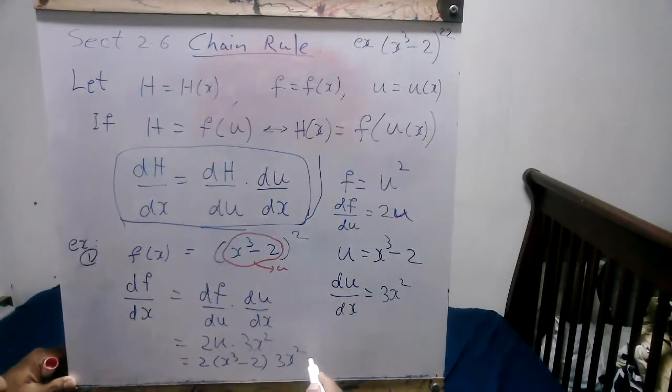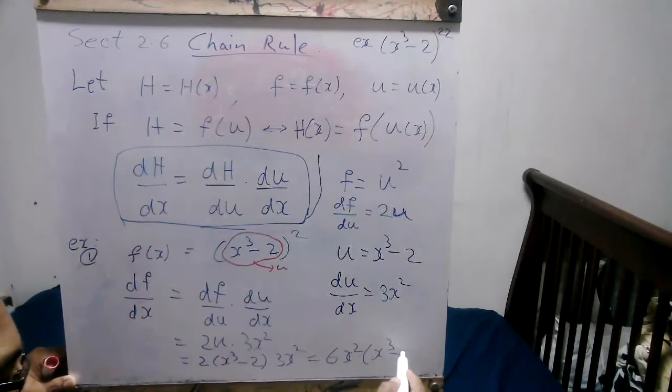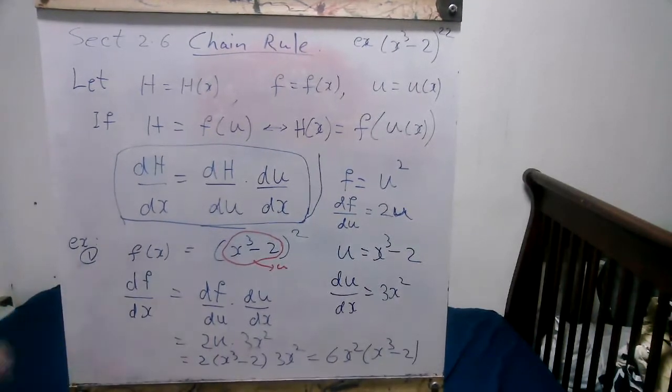Simplify means you don't have to distribute, just simply multiply this and this. We get 6x square times x cubed minus 2. Right. Clear?